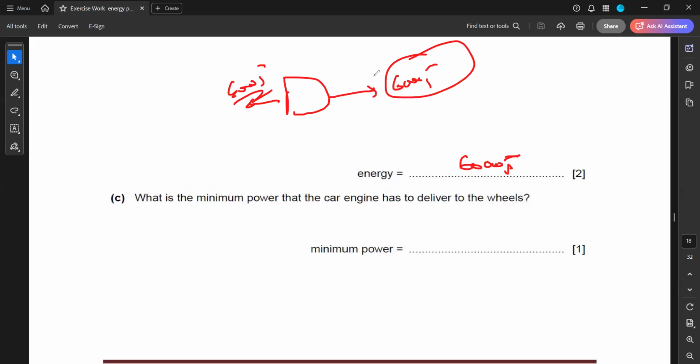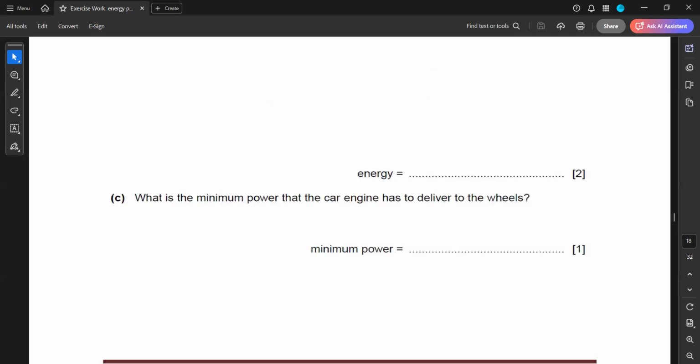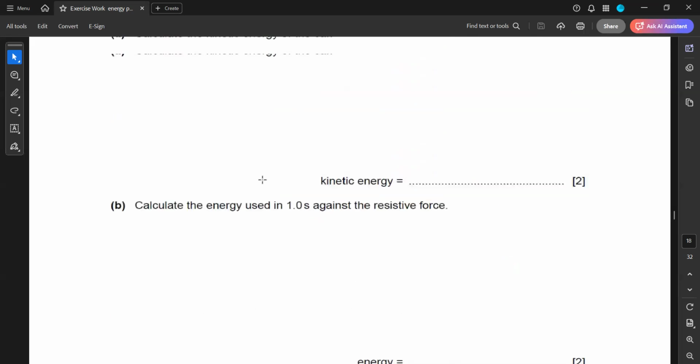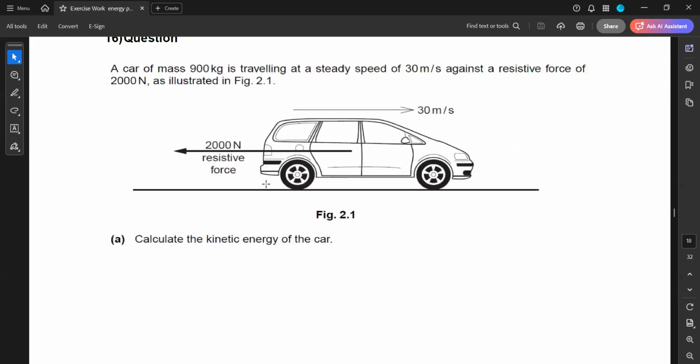So how much energy does the engine have to consume so that the car will travel at a constant speed? The engine has to deliver 60,000, but they ask for the power. No, not 12,000, it should be 60,000, because in the question, the energy wasted against the friction because of the resistive force was 60,000 joules.